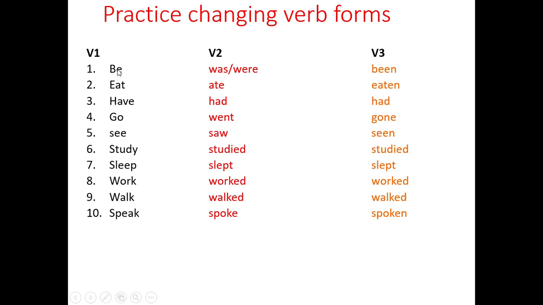Here, be is conjugated into 3 different forms, like is, am, and are, and verb 2 is was or were. Was we use with singular subjects, he, she, it, and were with you, we, they. And verb 3 here changes to been. Okay, remember, be, was or were, and been.